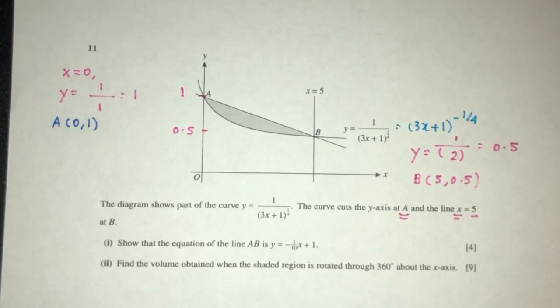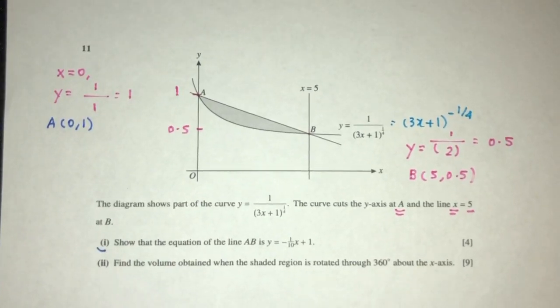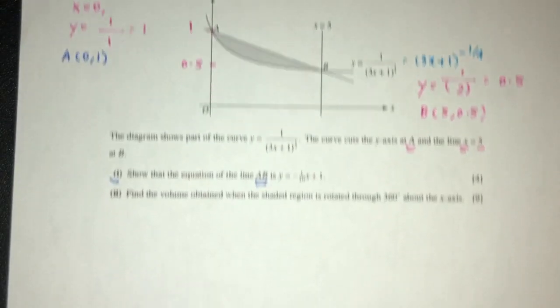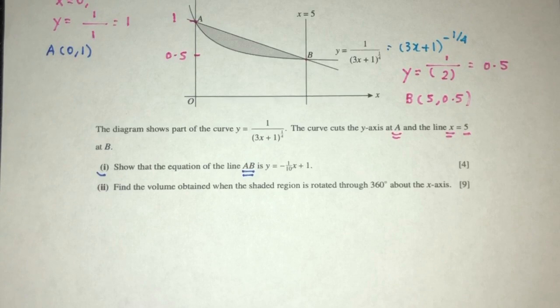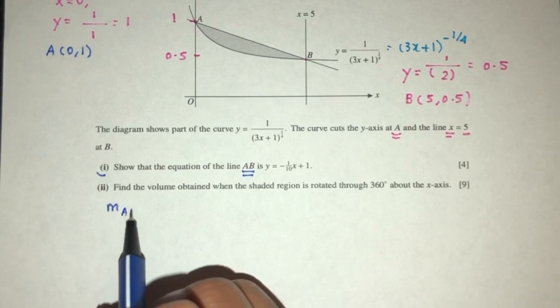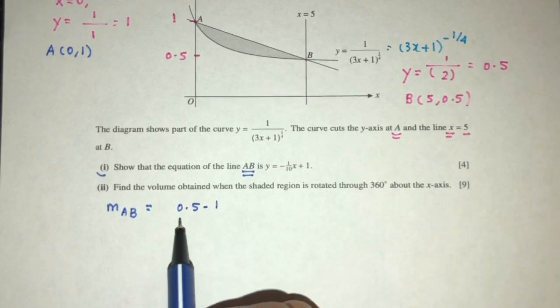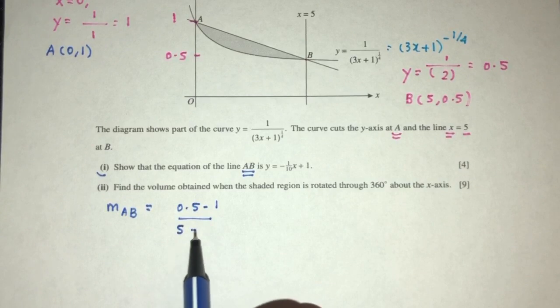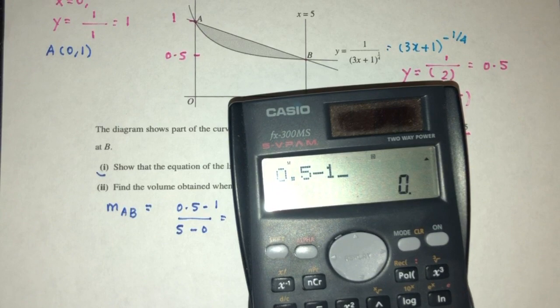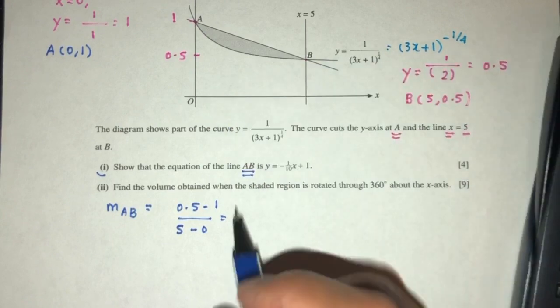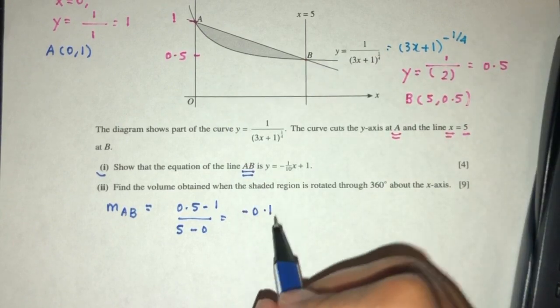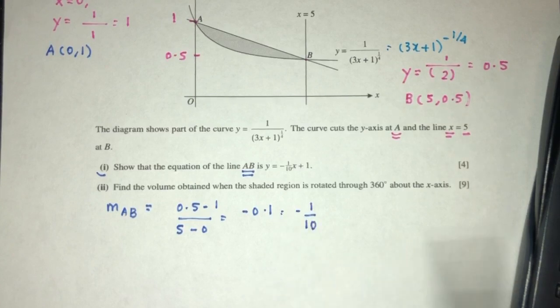Now part 1, find the equation of the line AB. Show that it is this one. So again, to find the equation of a line, we have to find the gradient. The gradient of AB is y2 minus y1 over x2 minus x1. That should be 0.5 minus 1 divided by 5, which is minus 0.1, which is minus 1 over 10.